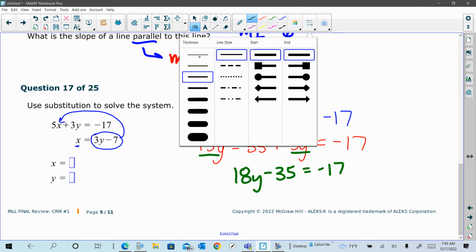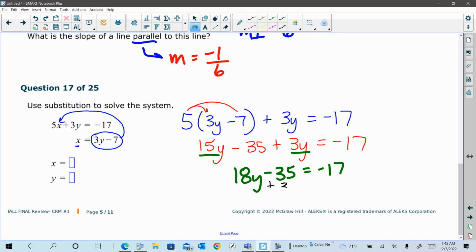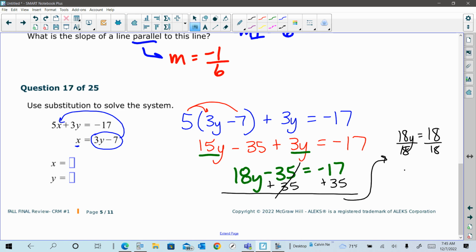But now you have to isolate that y. So you have to add 35 to both sides. Your 18y is going to equal 18. And then just divide by 18, so y is 1.